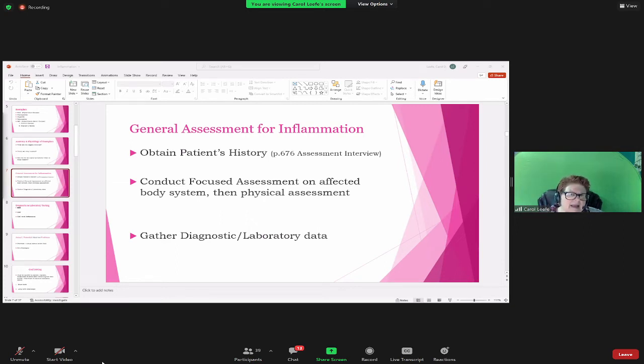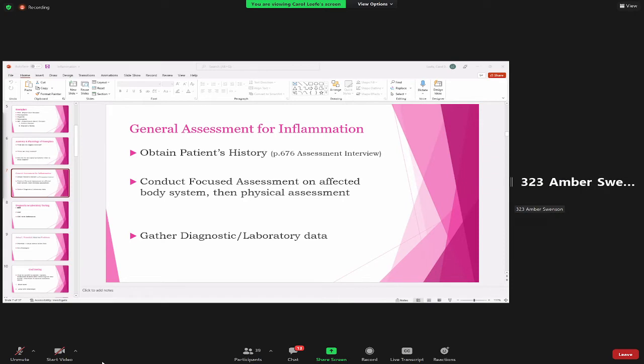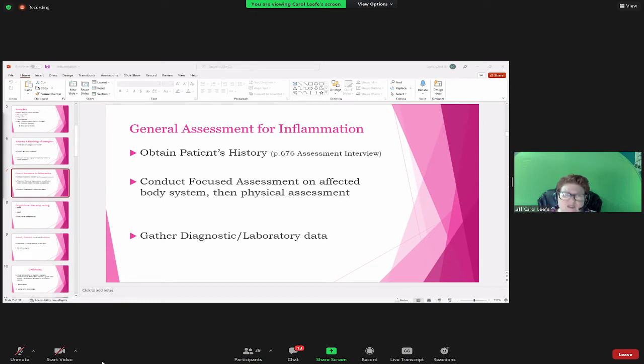Is it concave? Is it obese or protuberant? Could it be part of ascites where you can actually tell the fluid motion when they change position? All of those things you can inspect. Also, if they have an ostomy bag or anything like that, a PEG tube, all that kind of good stuff. So inspect. Then what are you going to do?